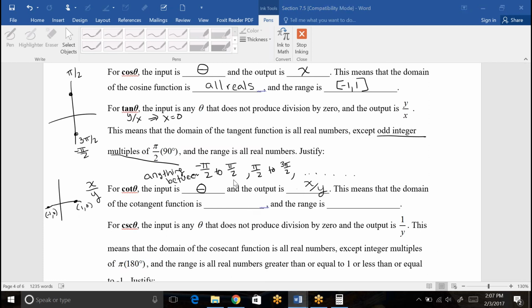So if we want to stay consistent with how they said that in the previous part, we could say it's all reals except integer multiples of pi. And the range again would be all real numbers.